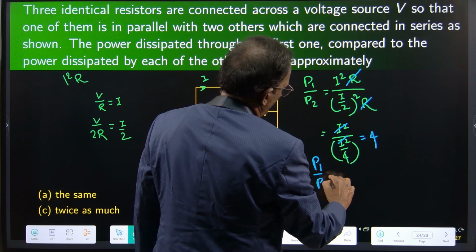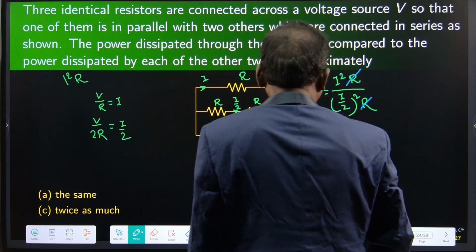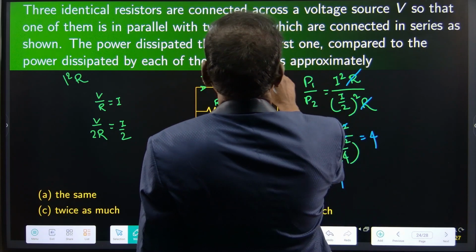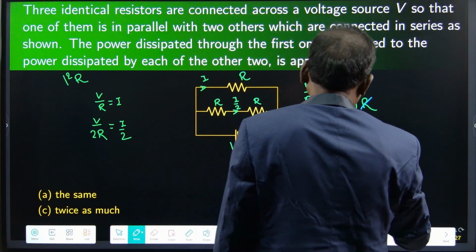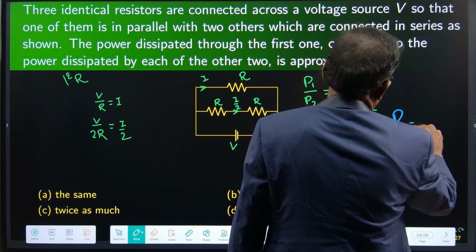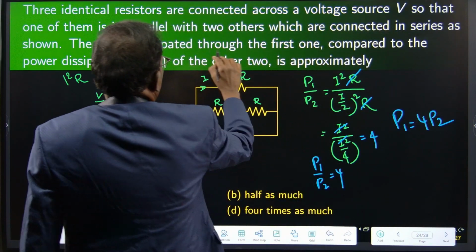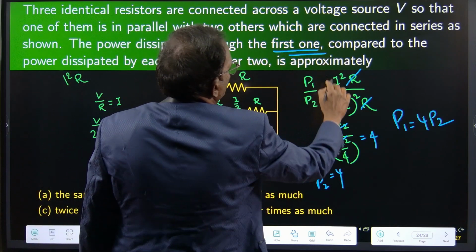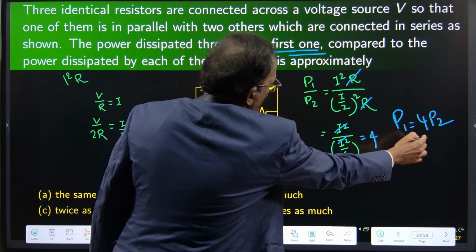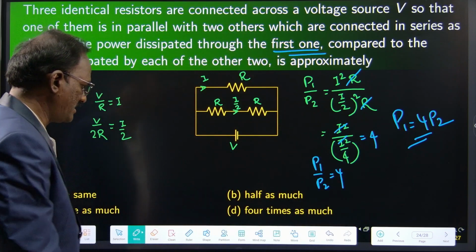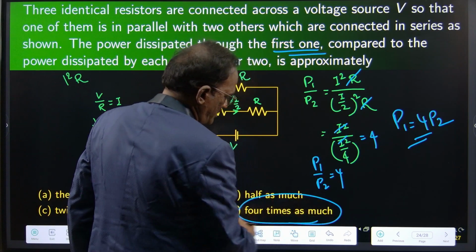P1 divided by P2 is equal to 4. So P1 is equal to 4 P2. The power dissipated through the first one compared to each of the other two is 4 times as much.